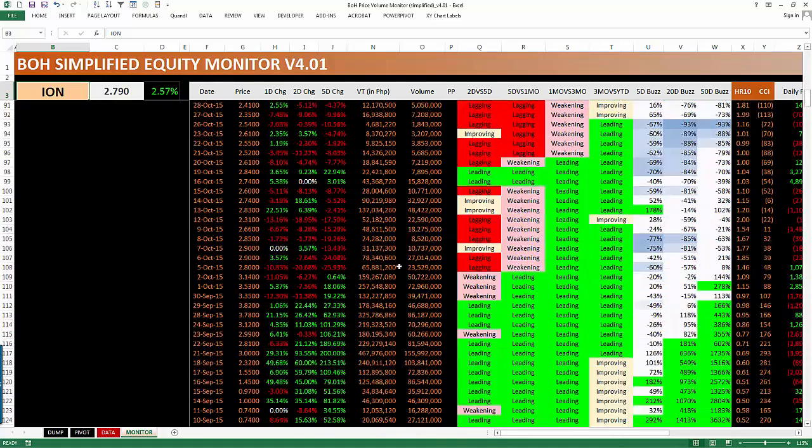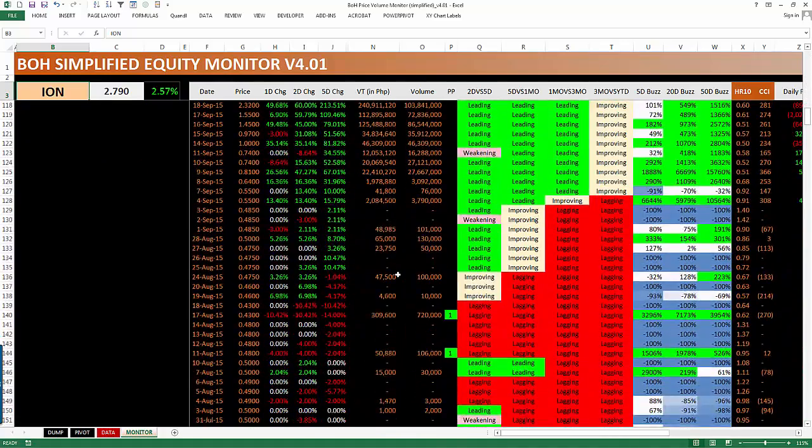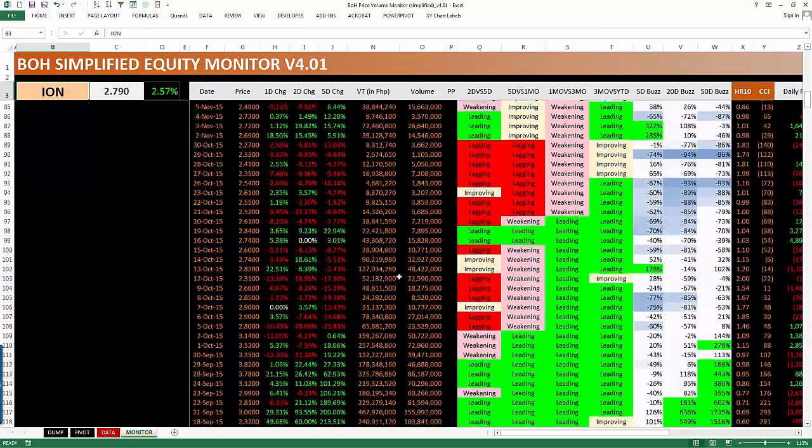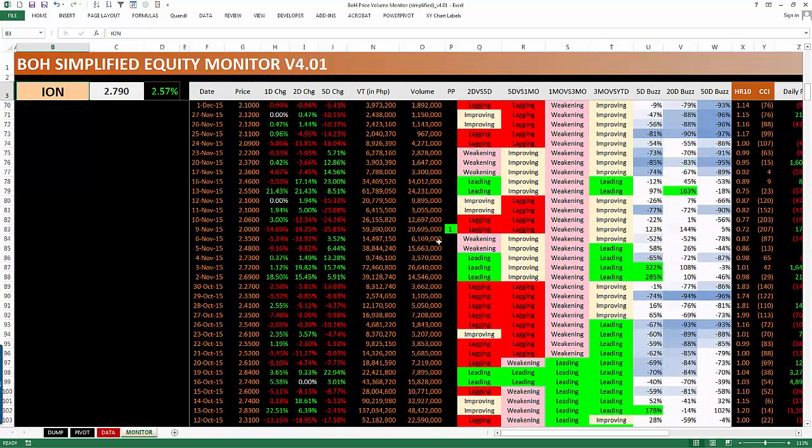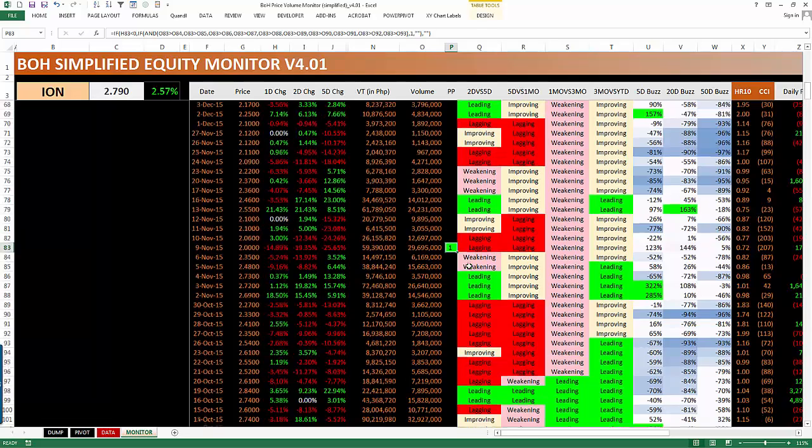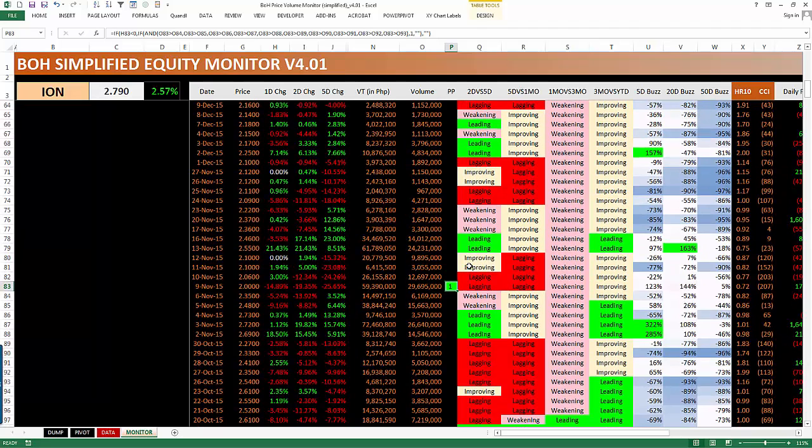Si Ion printed capitulation volume at 2 pesos nung nagko-consolidate na siya at highs, kasi matatandaan nyo, umakyat na siya sa 3 pesos, tapos nag-dry up yung liquidity niya, nag-dry up yung price action kay Ion, and then we get this capitulation volume when it fell from 2.73 all the way to 2 pesos, tapos nag-carve na siya ng bottom niya.